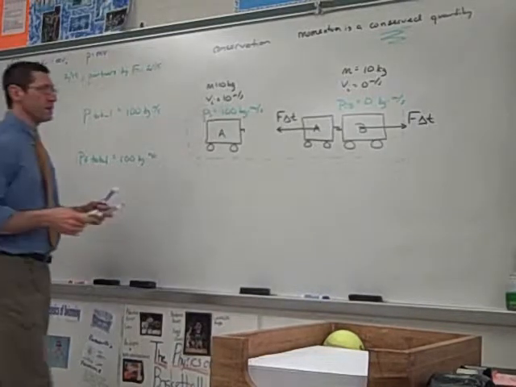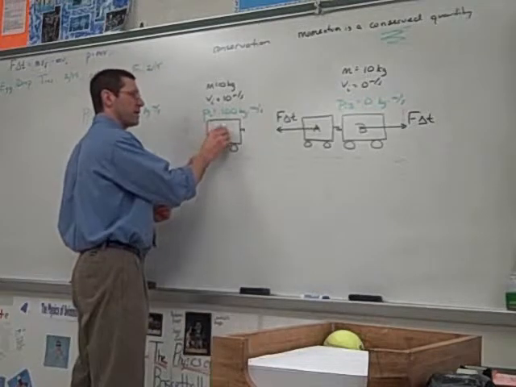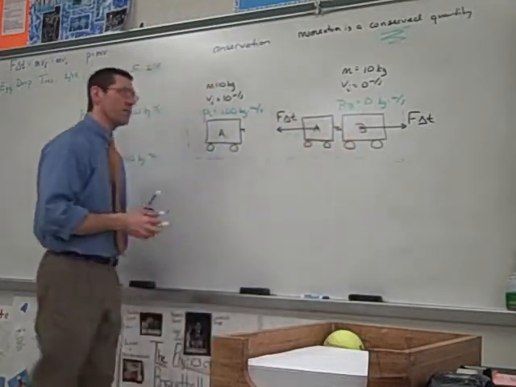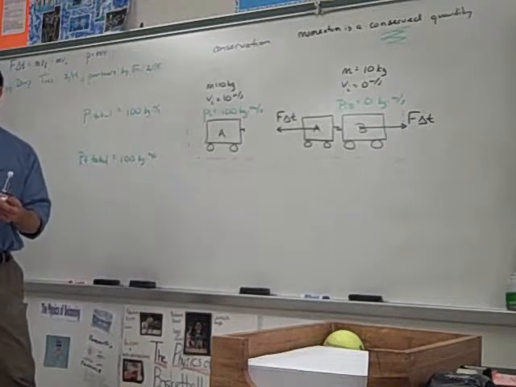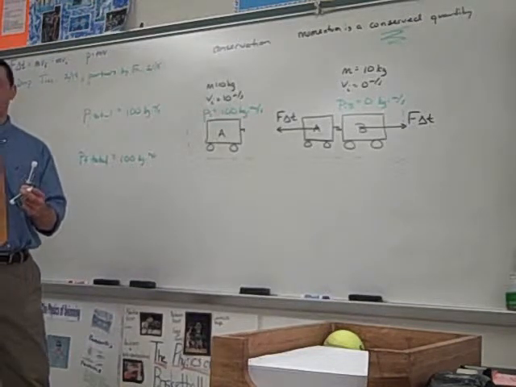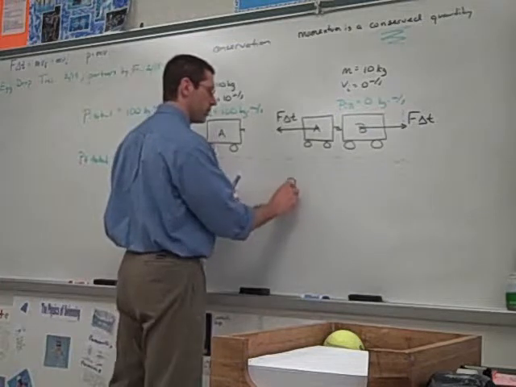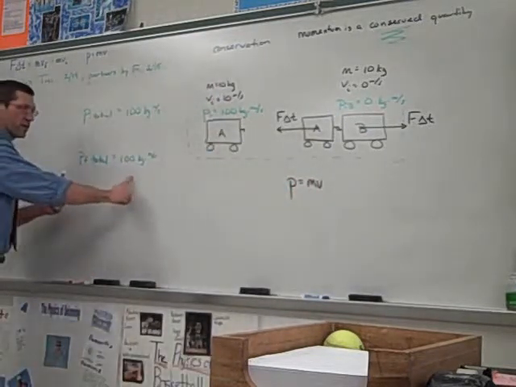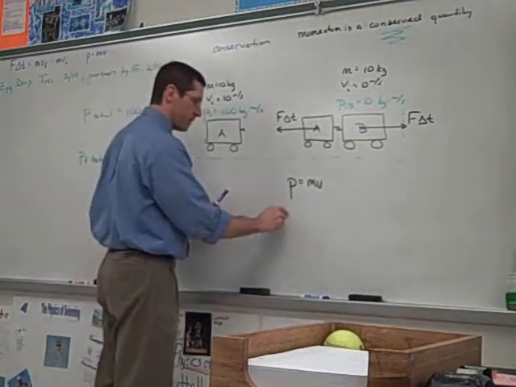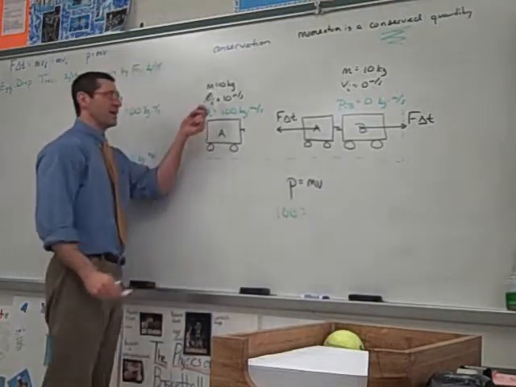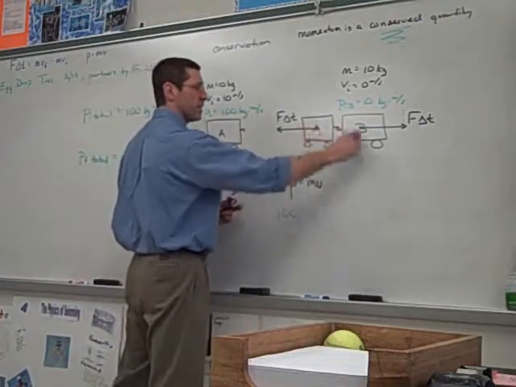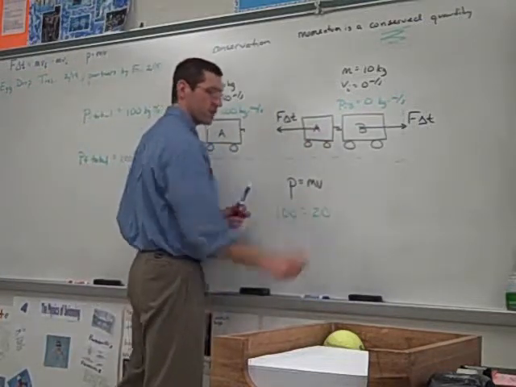So that means that instead of 10 kilograms moving at 10 and 10 kilograms at rest, how many kilograms are in motion? 20, right? So P equals mv, there's still 100 in the system, that's the P. But now it's not 10 kilograms in motion, it's 20. These are stuck together.